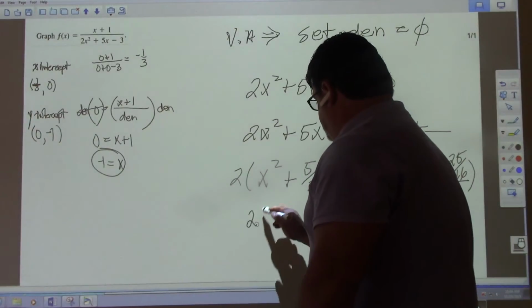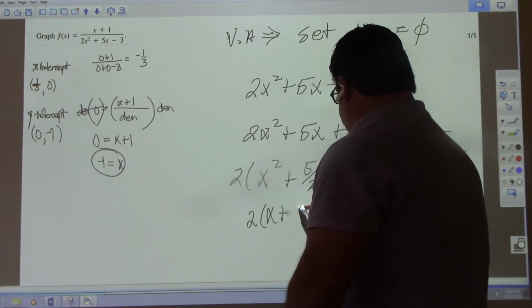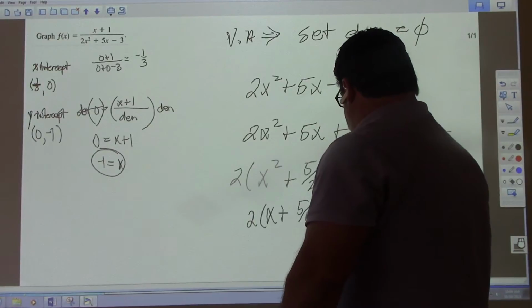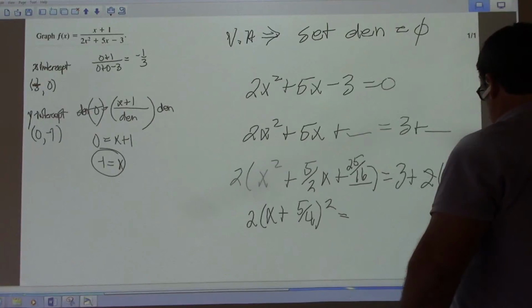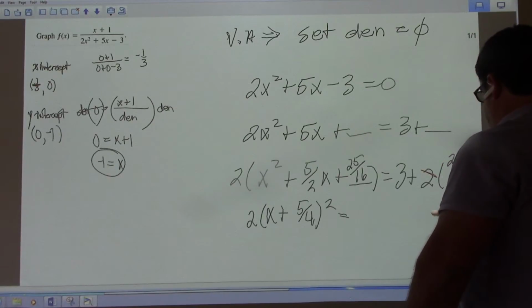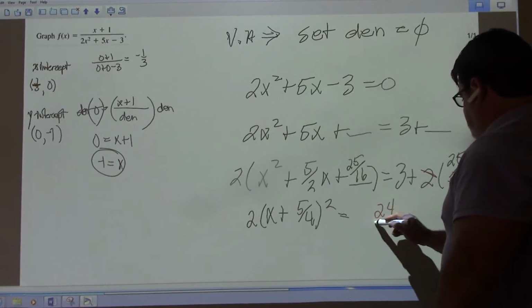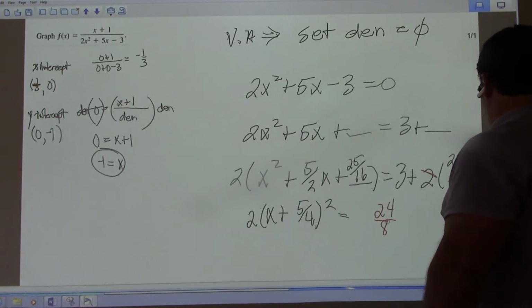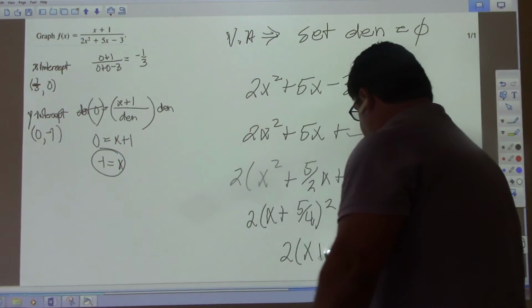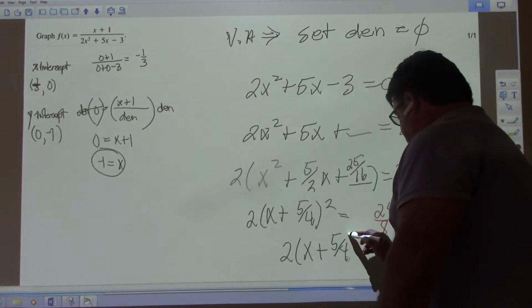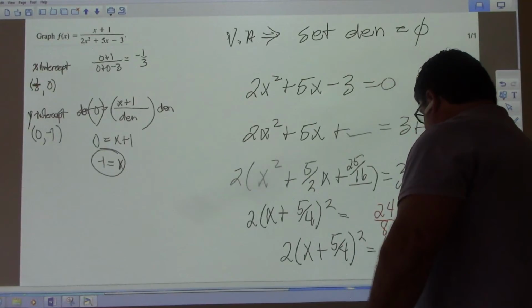So that's going to be 2 times x plus 5/4 quantity squared is equal to, well, this will take this out to an 8. So this is going to be 24/8 plus 25/8. And 2 times x plus 5/4 quantity squared is equal to 49/8.